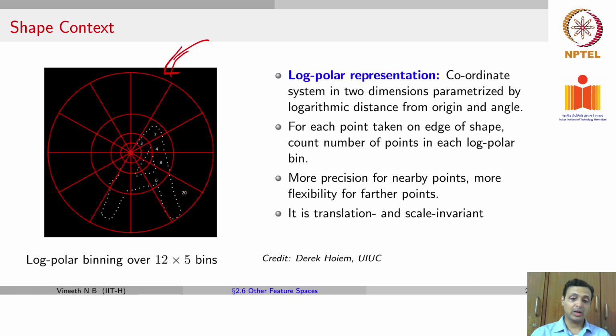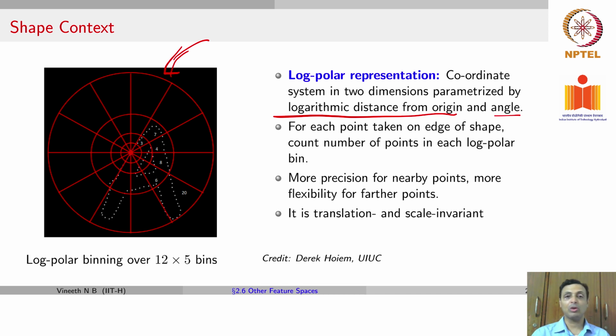So you define a coordinate system in 2 dimensions that's parametrized by logarithmic distance from the origin, which is the pixel at which you're trying to get the representation, as well as the angle. So for each point that you consider, you count the number of points in each log polar bin around that particular pixel.